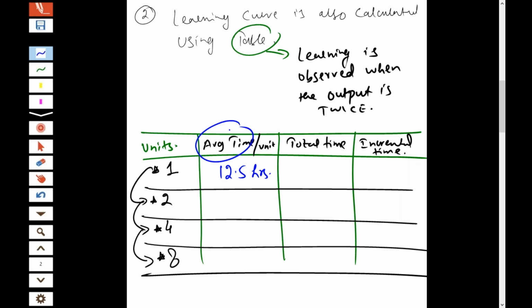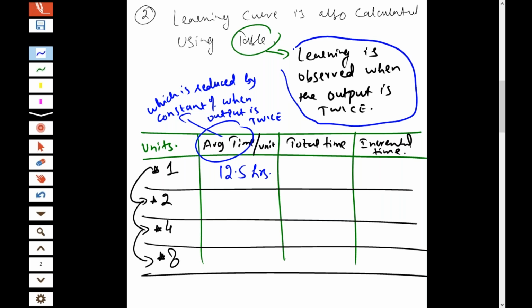Now this is the average time, which is reduced by a constant percentage when output is twice.